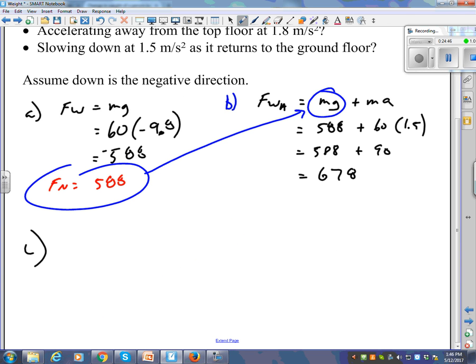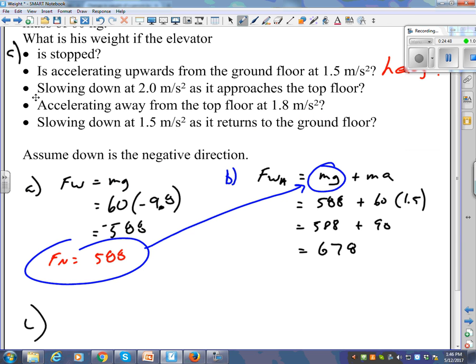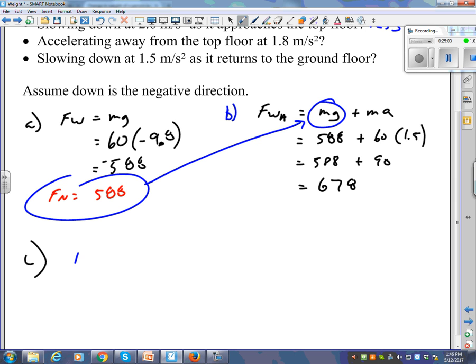Okay. So now, part C, slowing down at 2 meters per second squared as it approaches the top floor. Slowing down at the top. Weighing more or less? Less. So you're going to subtract. Is it just the same formula? Yeah, so your apparent weight force, FWA, is just going to be mg plus ma, and there's a variety of ways you can show this.